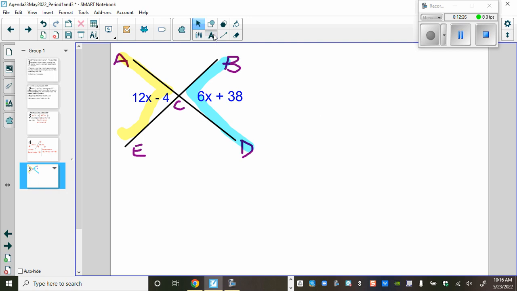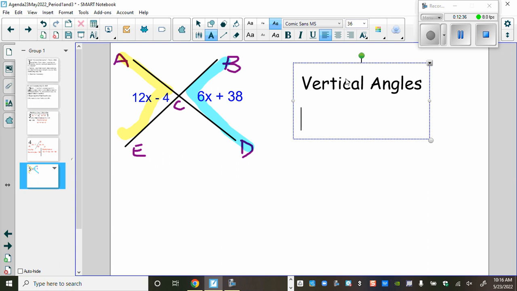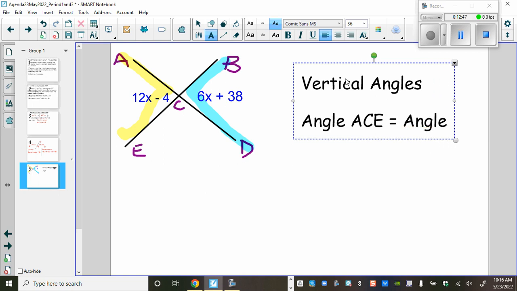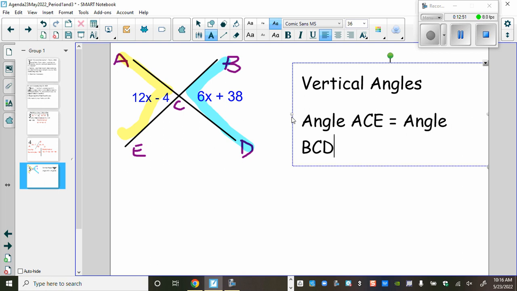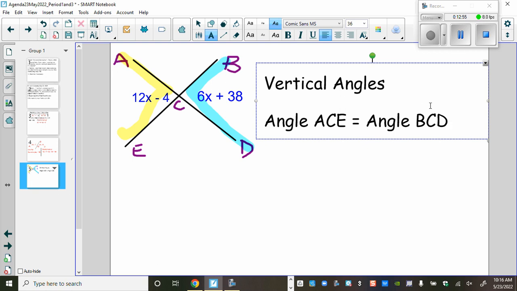These guys are vertical angles. Congruent. That means angle ACE equals angle ECD. That's what we have going on here.